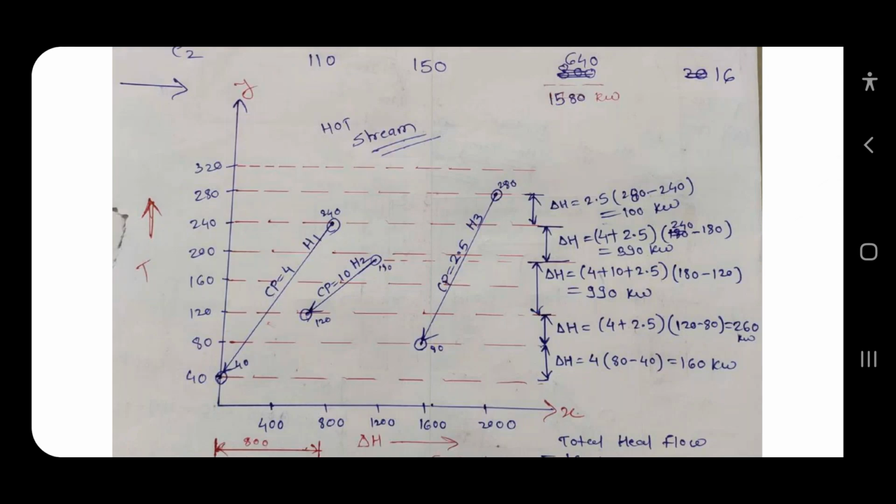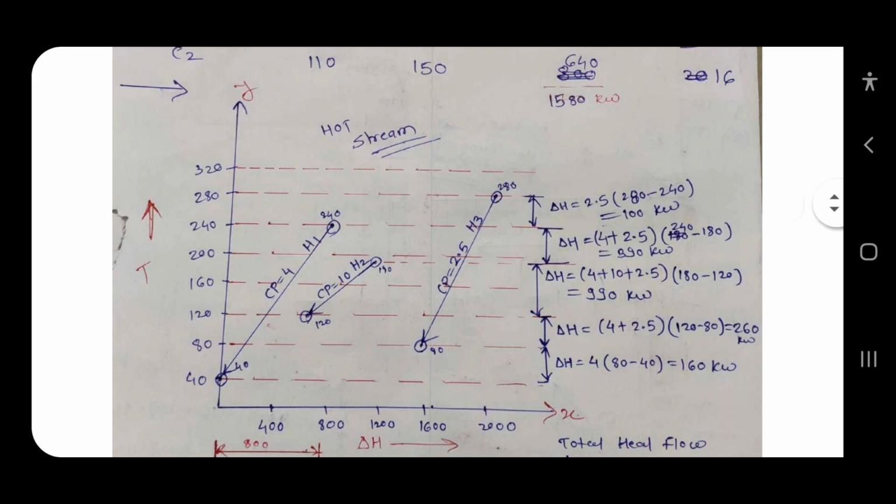I can arrange my x-axis scale as 400, 800, 1200, 1600, 2000. It depends on your approximation; I will take 400, 800 here, a large scale, but it doesn't matter, you can take any scale.